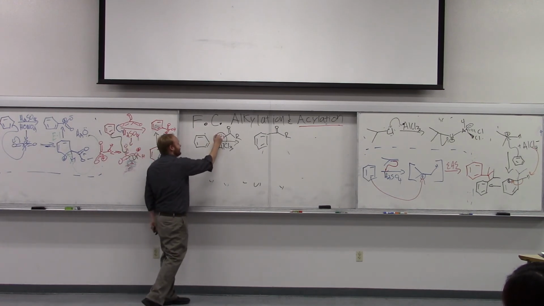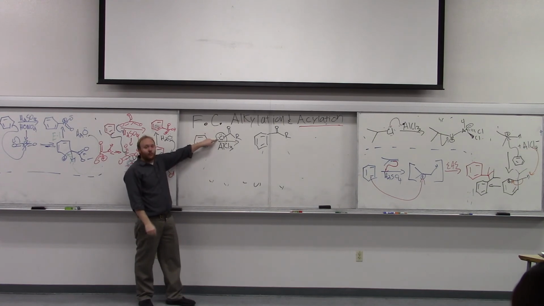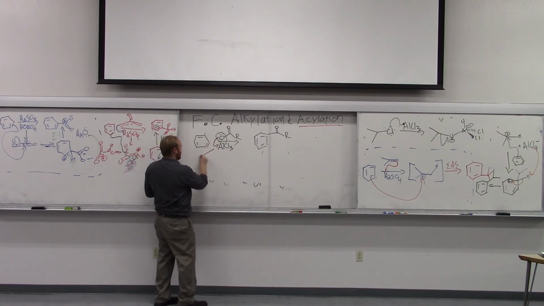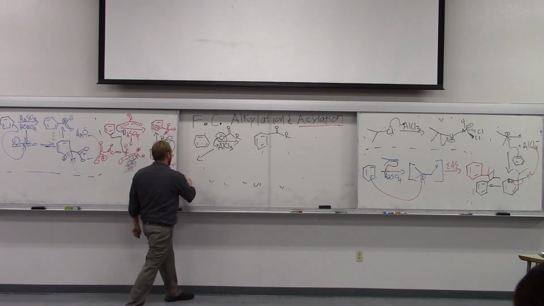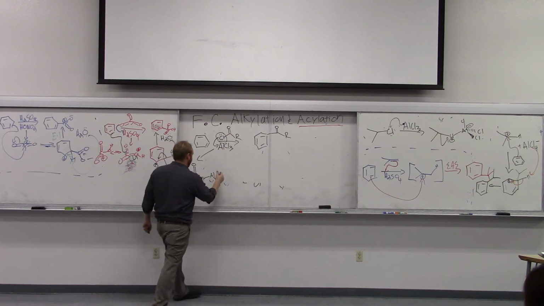So first step, the lone pair of electrons on the chlorine are going to do what? Attack the AlCl3. And that's going to give us the same intermediate, which we've seen a million times before, right?